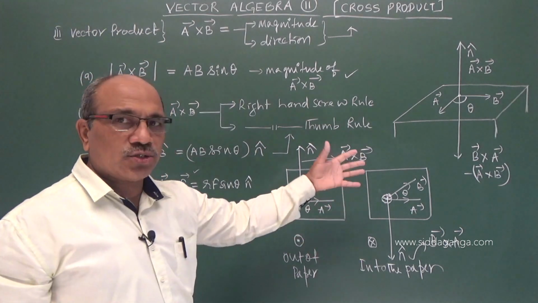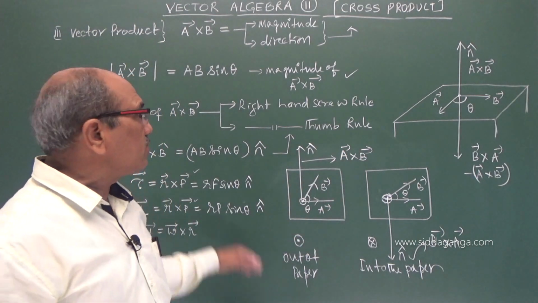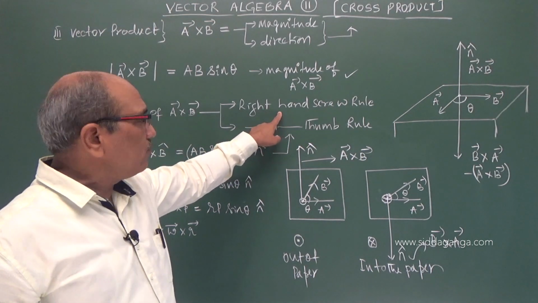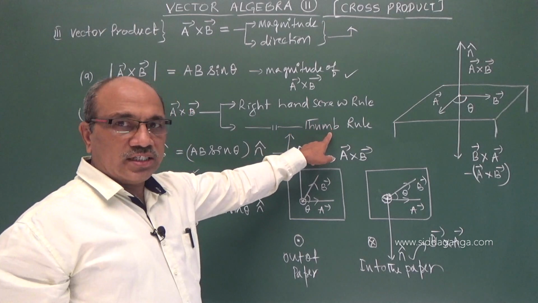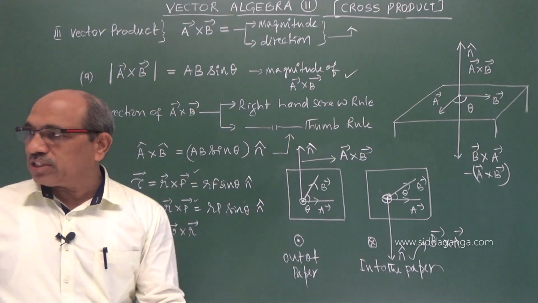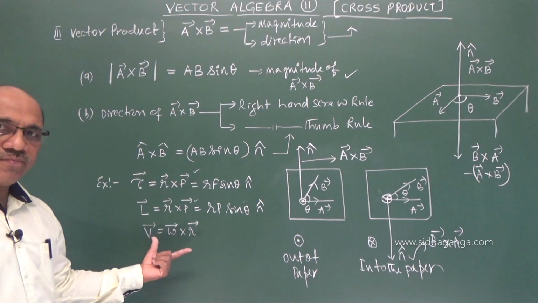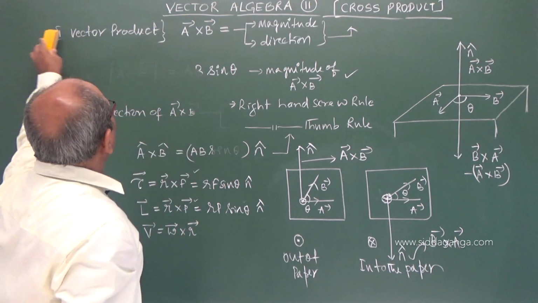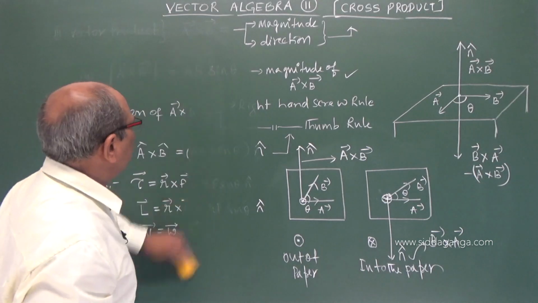How it arises, I showed with an example in the previous case. And direction is given by the right hand screw rule, explained to you, and either thumb rule, that is also explained. The examples for that I have given here. So with this, let us go to the characteristics of the dot product.